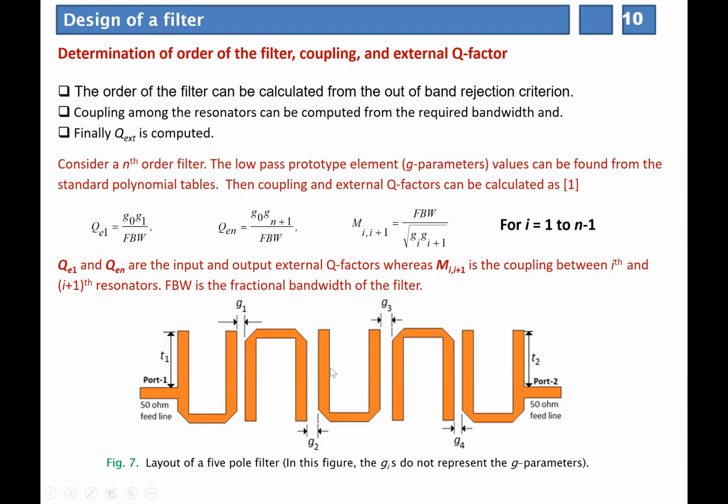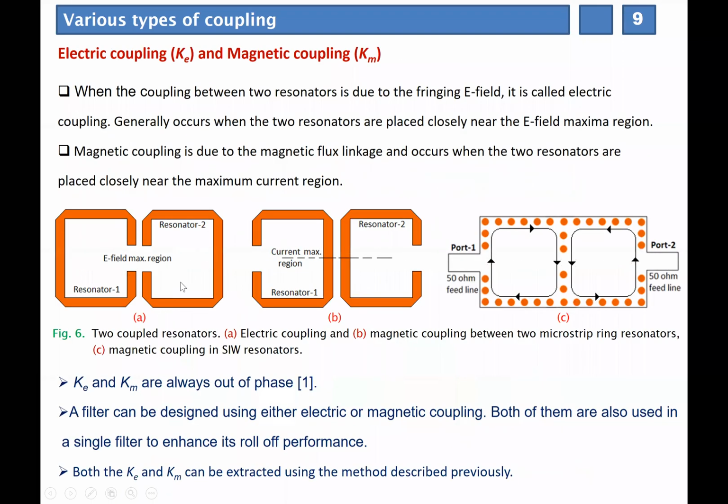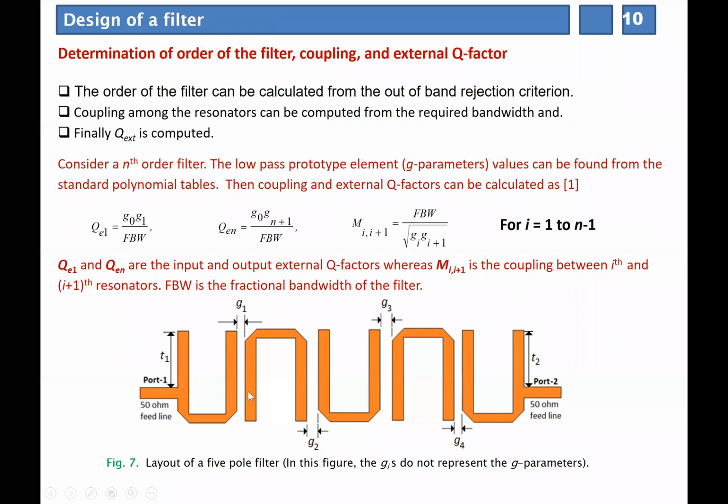But one point again you have to remember, depending on the type of resonator you are using, you have to simulate or extract the coupling values accordingly. So if you use this ring resonator, you cannot use the coupling plot of this hairpin resonator. For a hairpin filter, you have to extract the coupling values for this type of structure. So you have to keep that in mind.